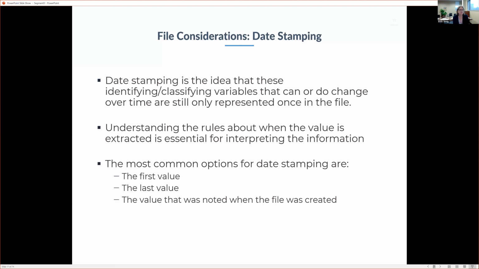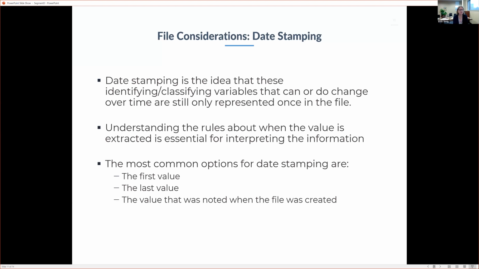If I say 65 and older on January 1st, 2021, then everybody who turns 65 during 2021 will be excluded. But if I said 65 and older at any point in 2021, there will be people who, for most of their observation time, are not actually eligible for Medicare. So even a simple question like, how old are they, is not a simple question.